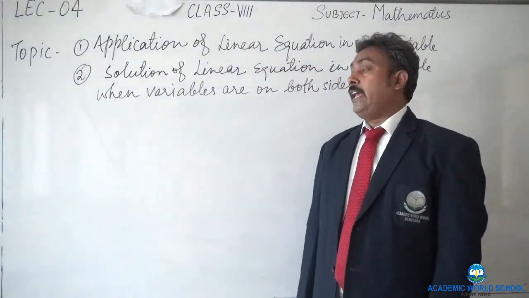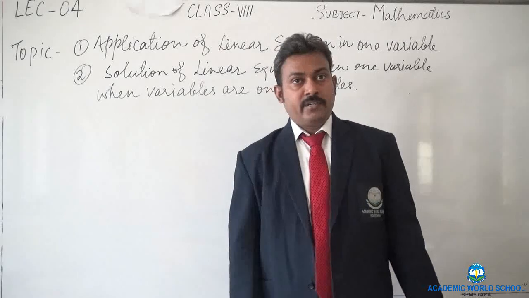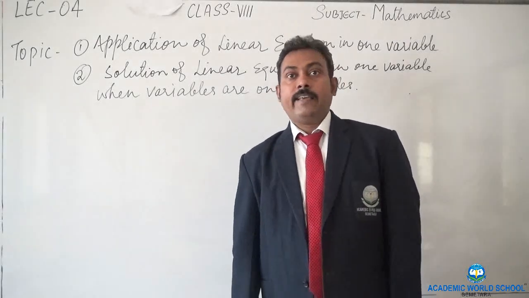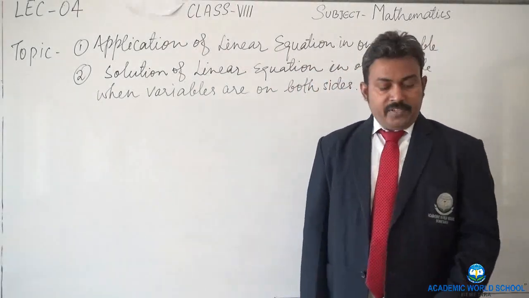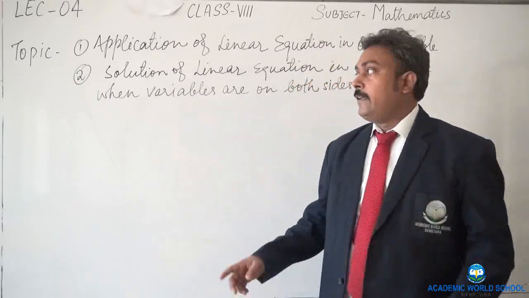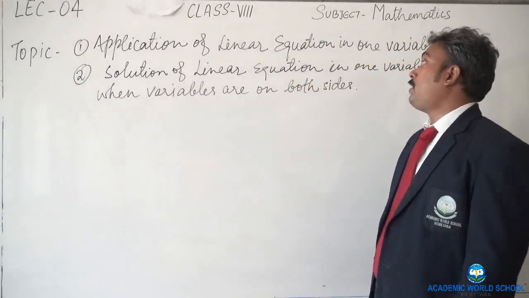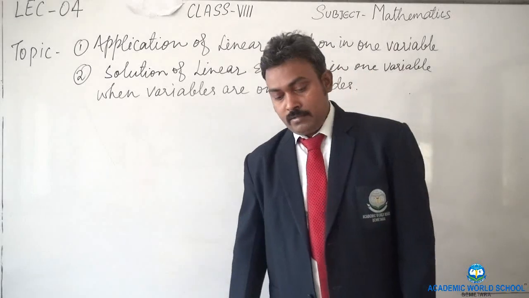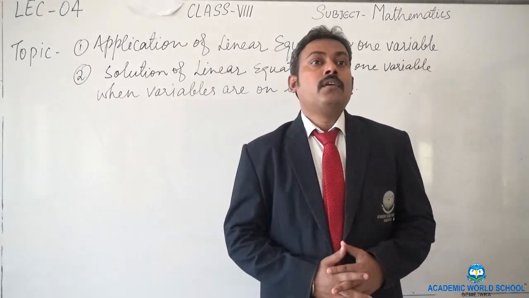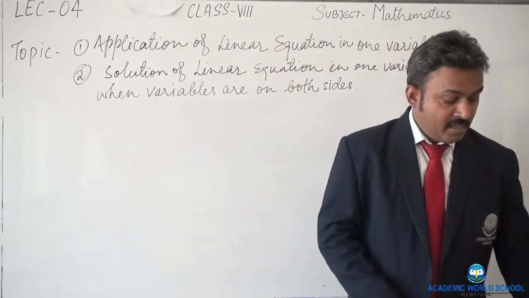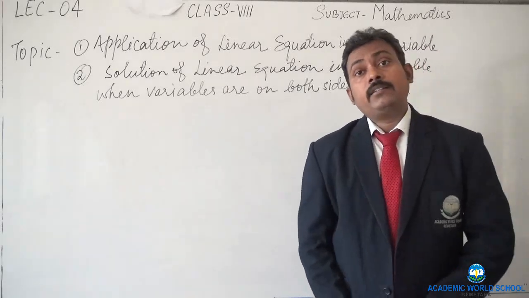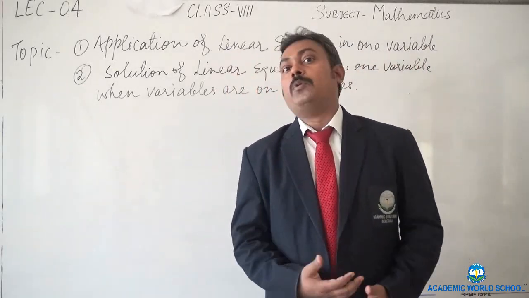So this is the fourth lecture of chapter 2 of class 8. In our previous lecture, we had seen application of linear equation in one variable. In that, we had seen three different cases, as I had categorized the types of problems.